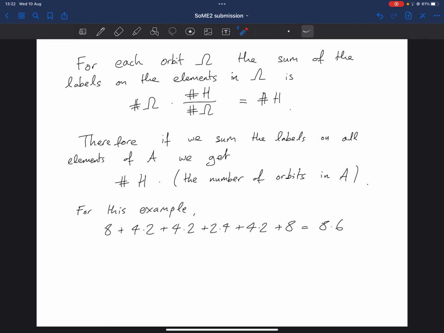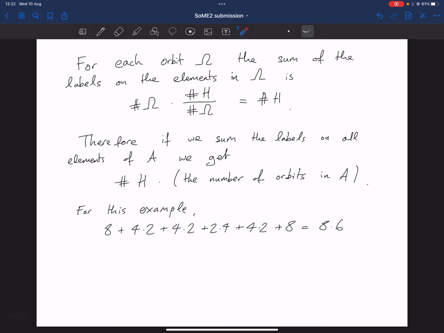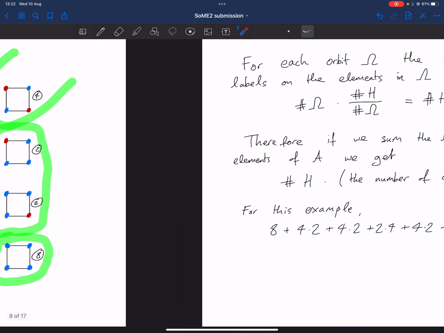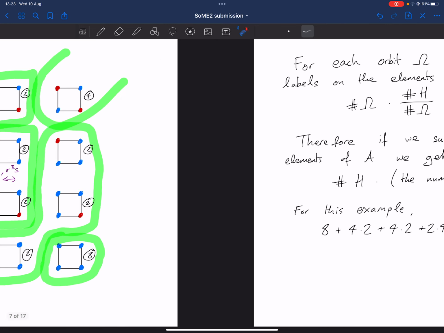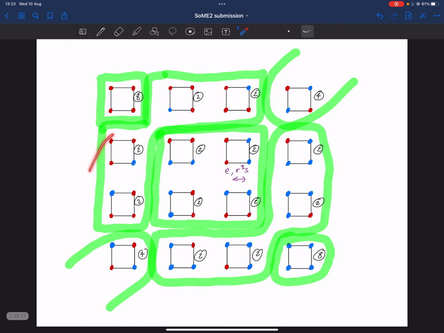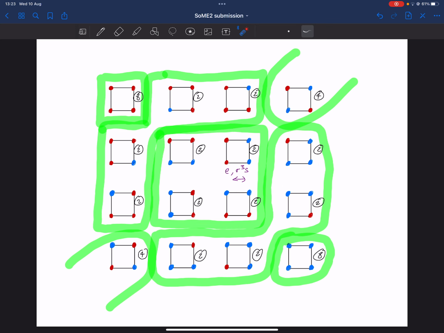So if we sum the labels in the whole diagram, what we end up with is the number of orbits in the diagram multiplied by the size of H. And of course in this example we have 8 plus 4 times 2 plus 4 times 2 plus 4 times 2, because there are 3 orbits with 4 elements, each labelled 2.